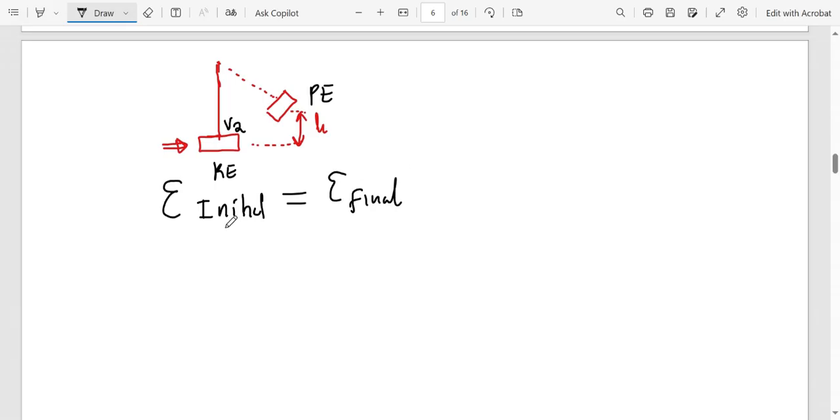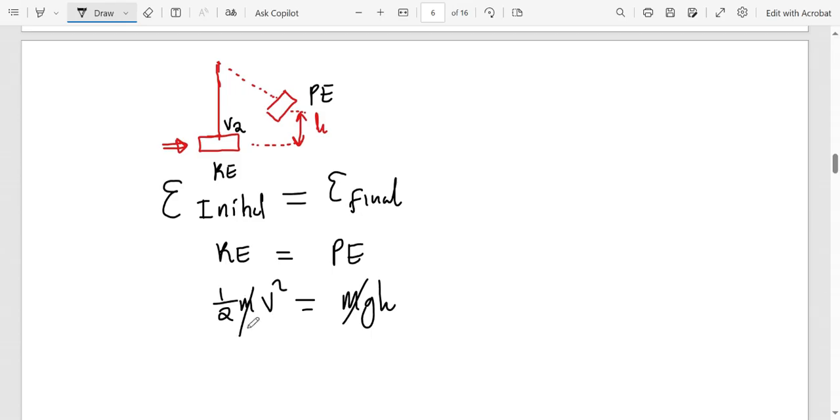The initial energy for the block at the bottom is only kinetic energy, and all the kinetic energy will be converted to potential energy at the top. Kinetic energy is half mv squared. Potential energy is mgh. So the mass is going to cancel out.